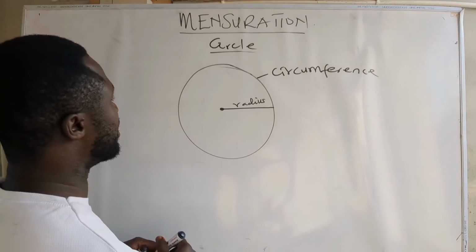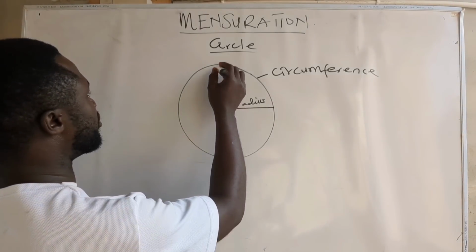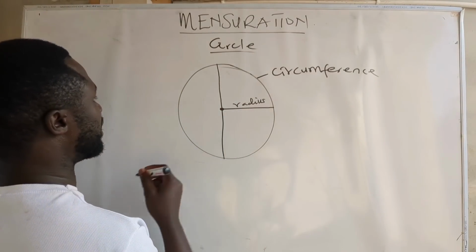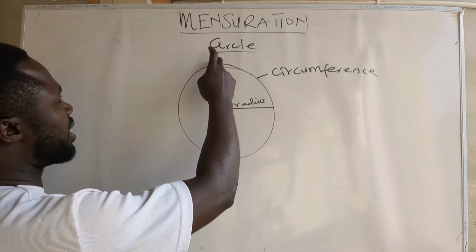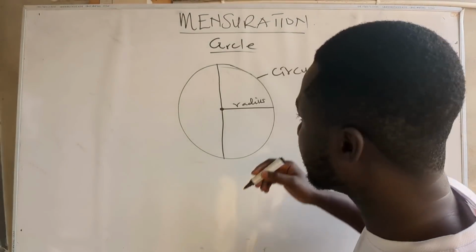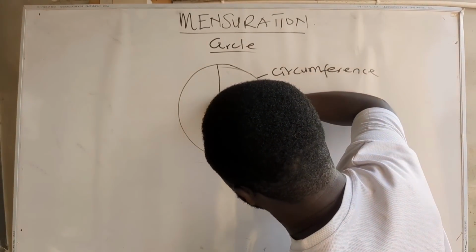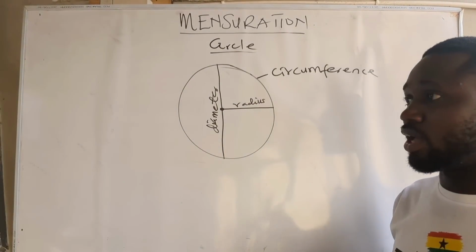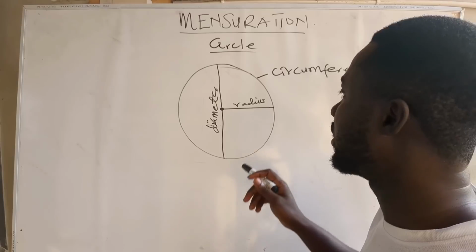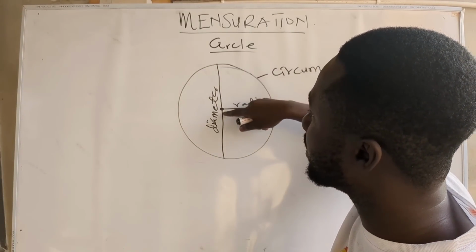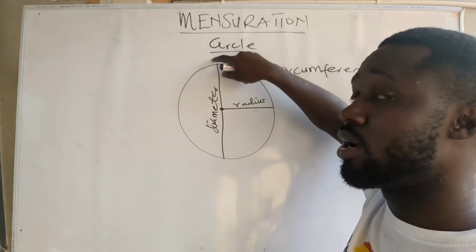And also a straight line that passes through the center from one end of the circumference to the other end, we call it the diameter. The diameter. And you realize that from this side, from the center to the circumference, it's also a radius.